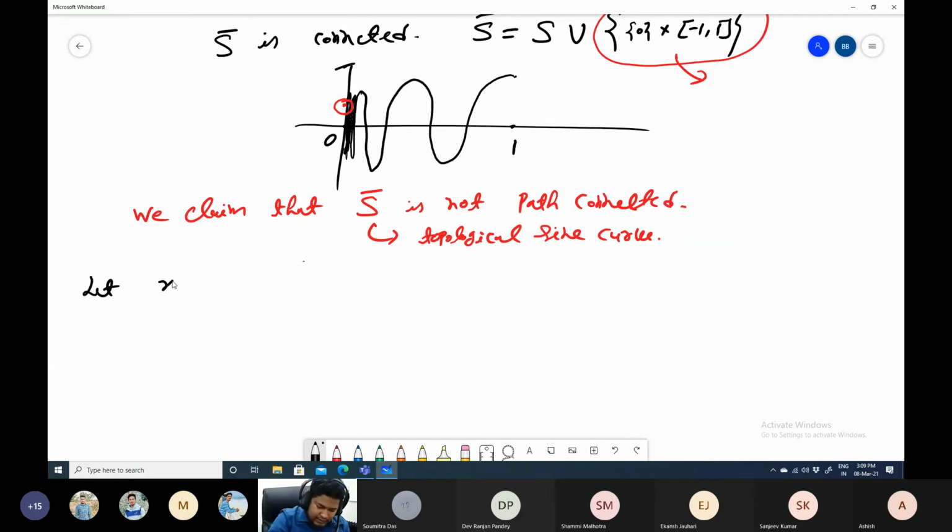Now what we will do? Let x be a point in this. First of all, if possible, let S bar be path connected.